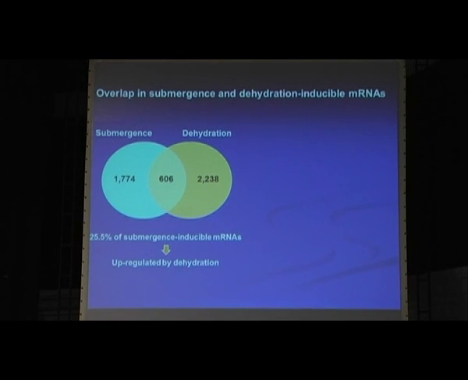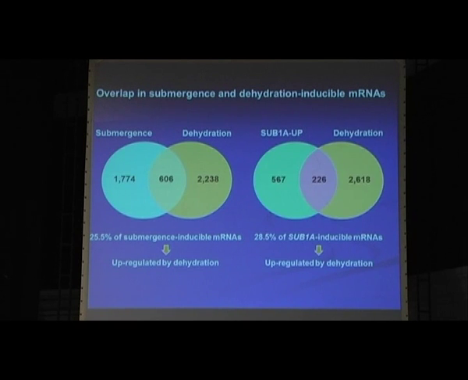Submergence and drought are totally different, totally opposite water statuses. They cannot occur at the same time, but they can occur sequentially. Interestingly, we found more than 25% of submergence-induced genes are also upregulated by dehydration. This is a very big overlap.